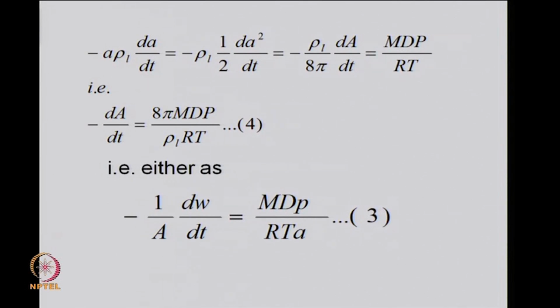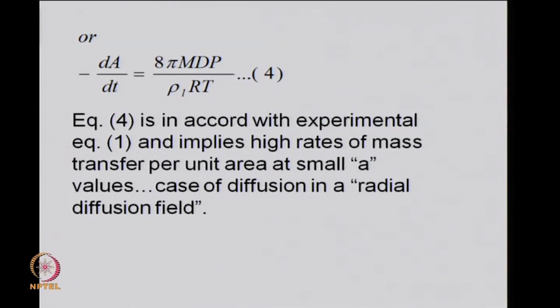So, we have these two results. We can write minus 1 by A dW by dt is equal to mdP by RTA, or minus dA by dt equal to 8 pi mdP by rho L RT.